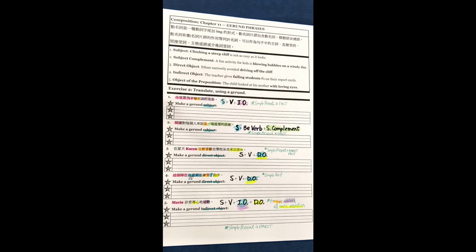Make a gerund subject. So, there's the subject right there. We colored it in pink. And that is to ride a roller coaster. So ride is going to be changed into riding. So riding a roller coaster. Riding a roller coaster is one idea, one event, like it.